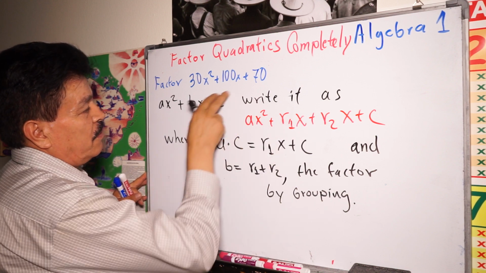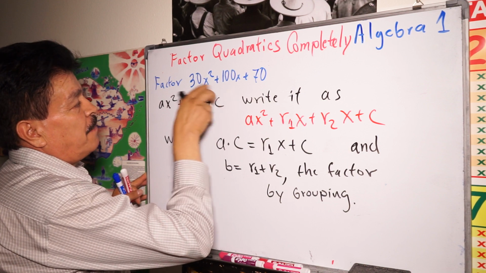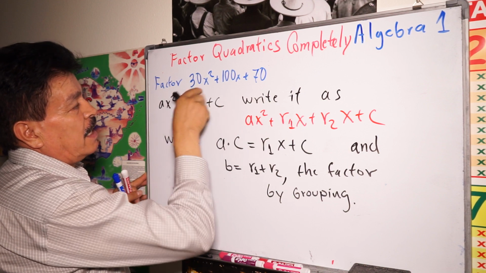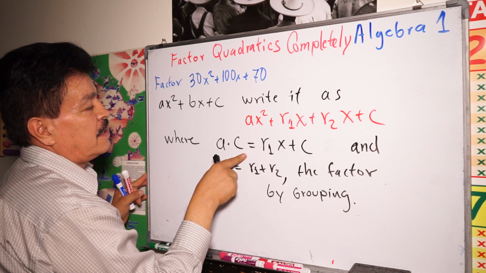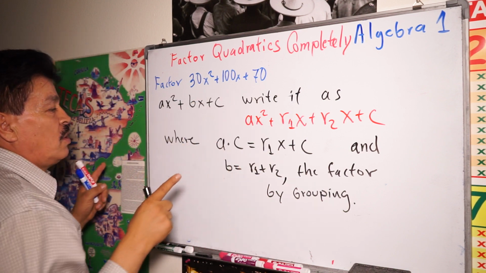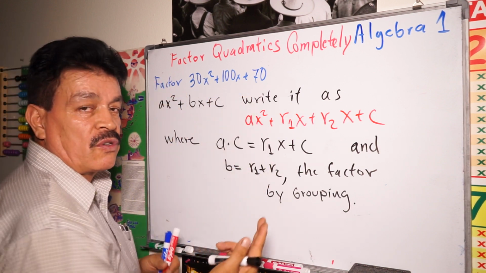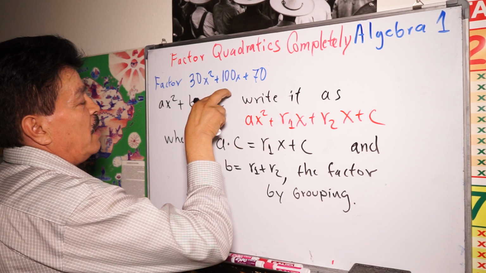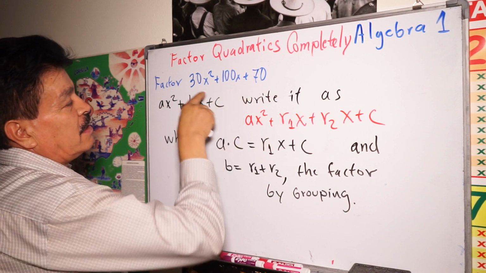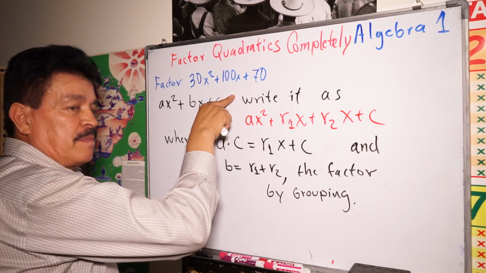When you multiply a times c, it is equal to the product of r1 and r2, and when you add them, it equals the middle coefficient.